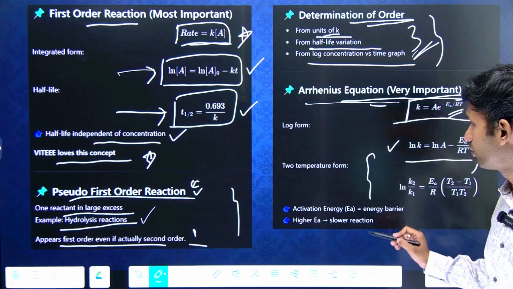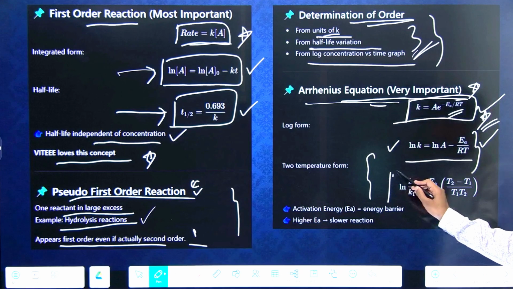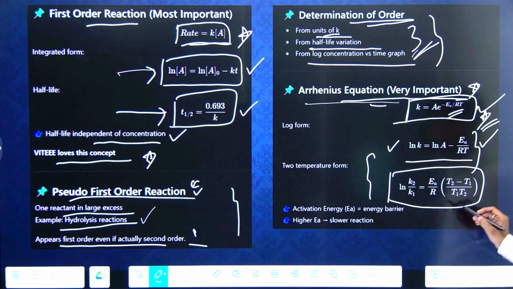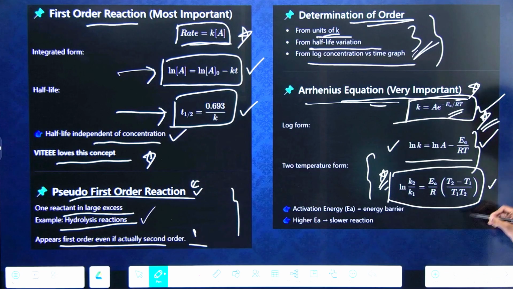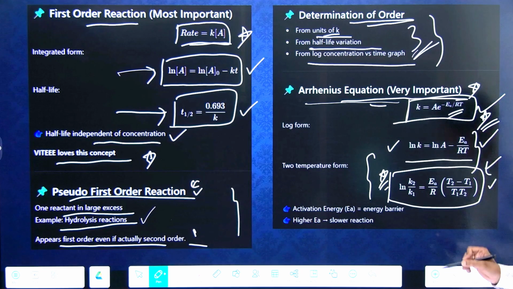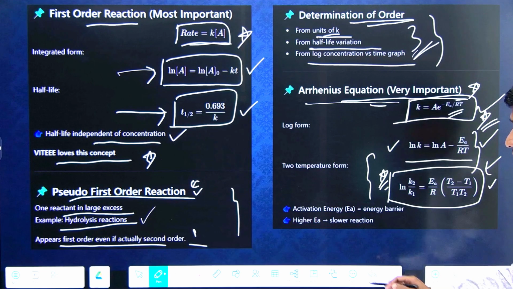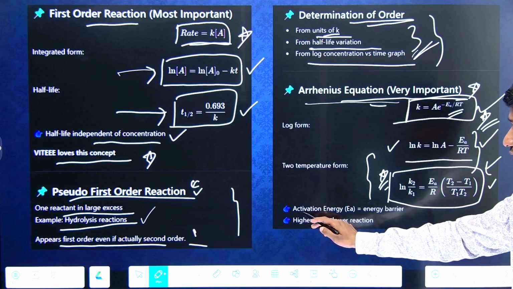Now there is also a two temperature form of the Arrhenius equation, which looks like ln K2 upon K1 equals Ea upon R into T2 minus T1 upon T1 into T2. So this is our equation. Once again, write it down and understand properly what exactly this Arrhenius equation tells us.